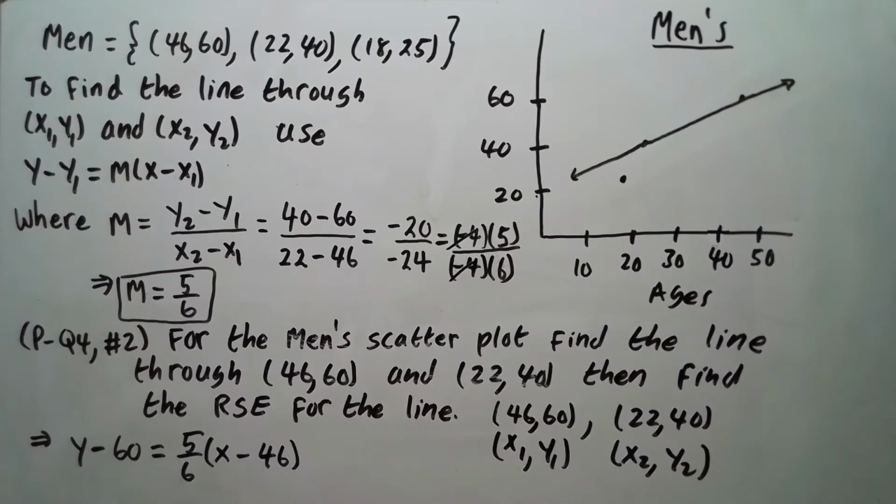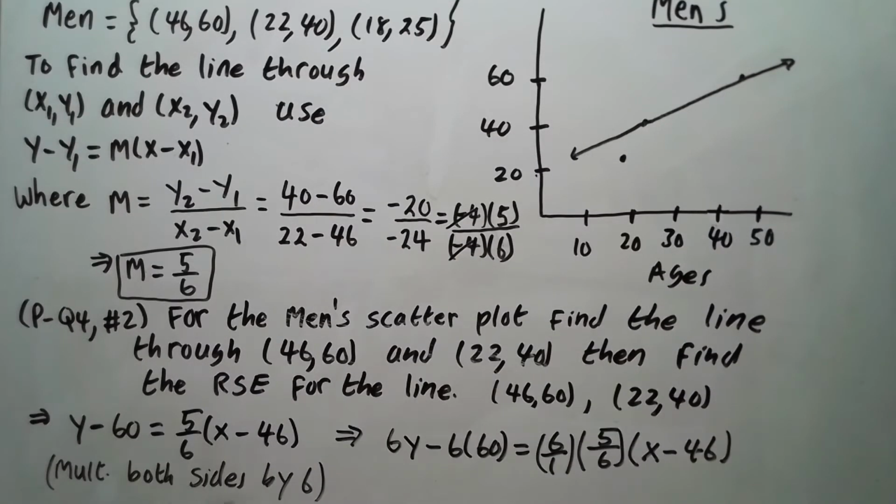Okay, so next we will multiply both sides by 6 to get rid of the fraction. So let's multiply both sides by 6. Doing that, you'd have 6 times y, 6 times negative 60, 6 times 5 over 6.